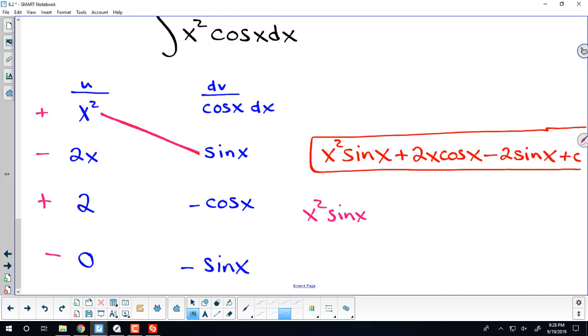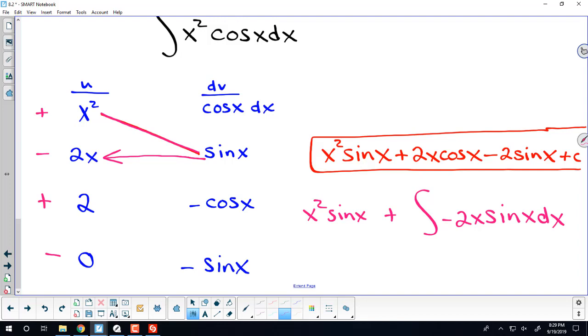But if I go directly horizontal, then I have to integrate the product. So that would be the integral of negative 2x sine x. If you go horizontally, it's still the product, but you have to take the integral of it. If we're just going diagonally, it's just the product.